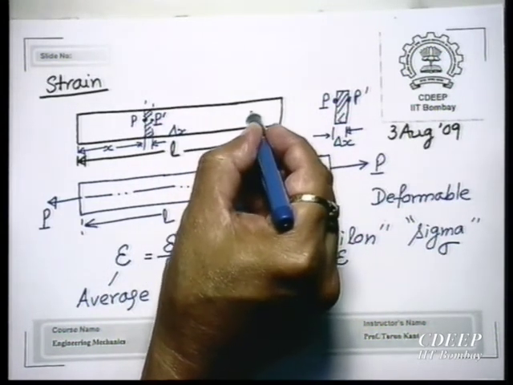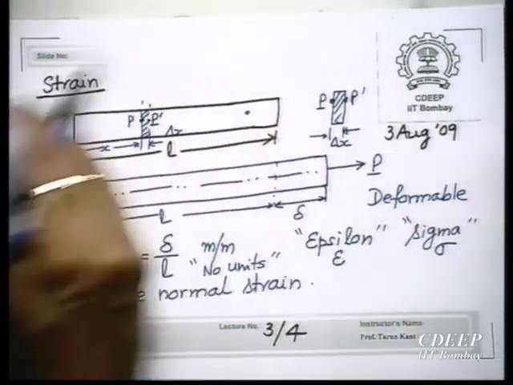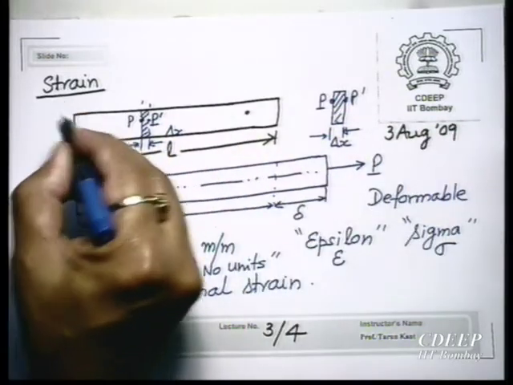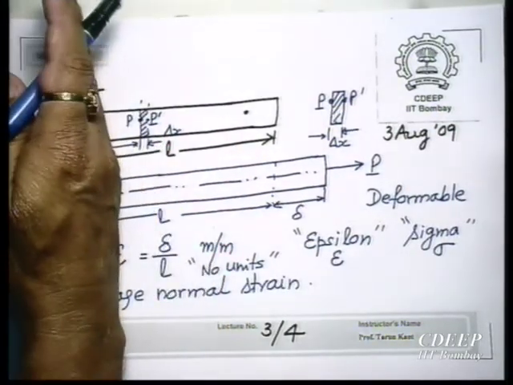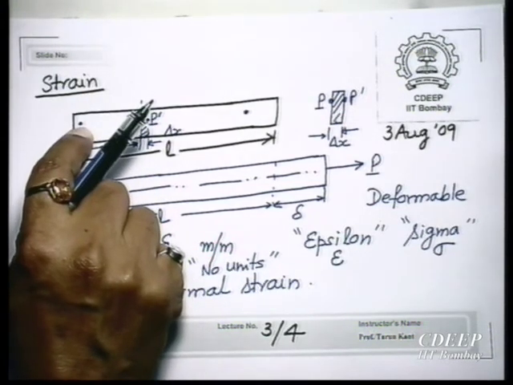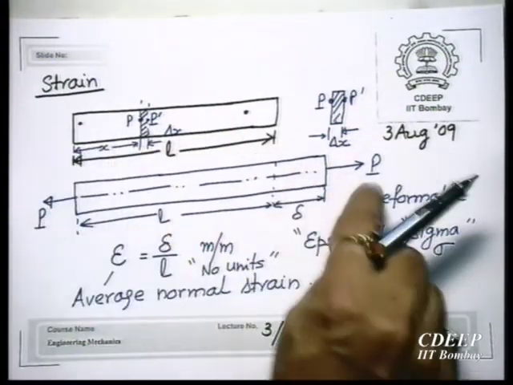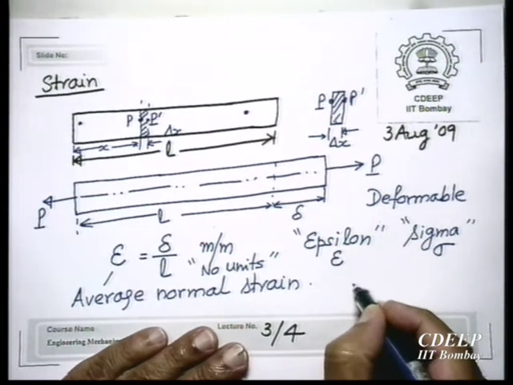If you take a point here, more strain will be there, as you go on that side. If you take a point very close to one end, supposing this end is clamped, it is fixed, you will find the strain is less there. So strain is also a quantity that is defined at a point.